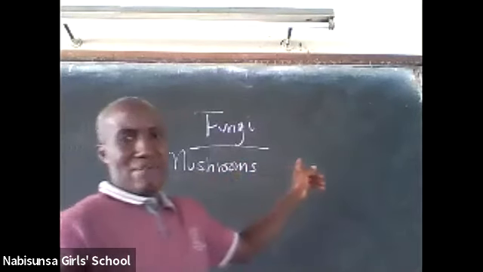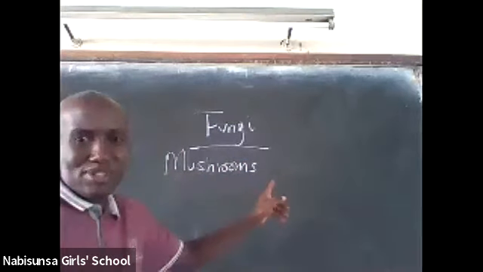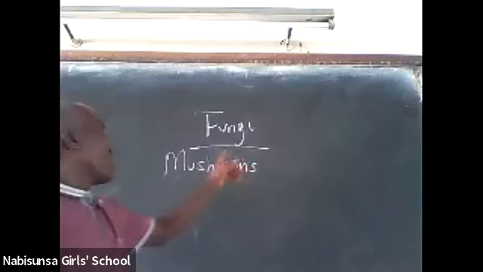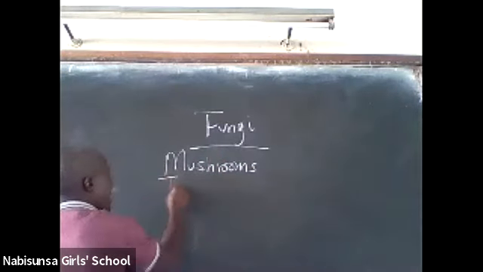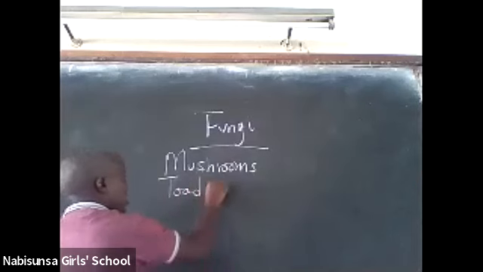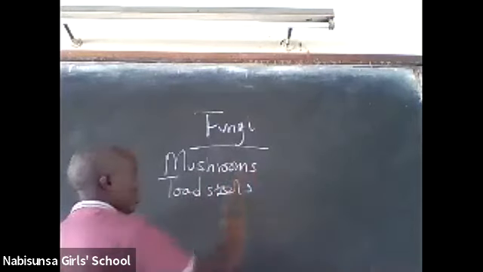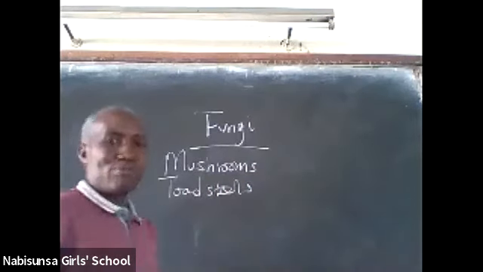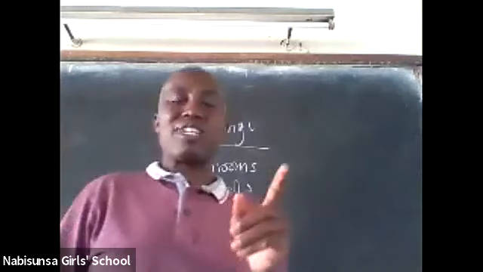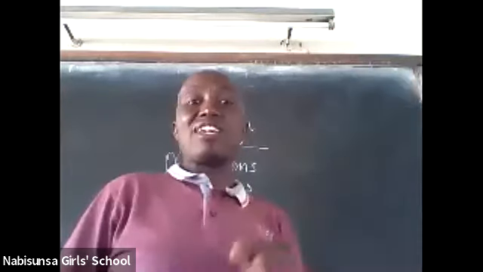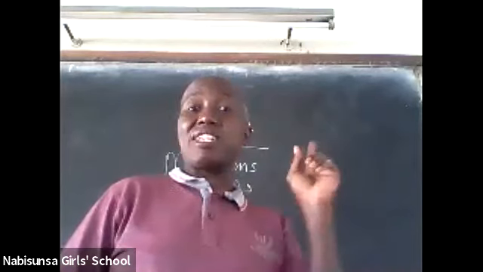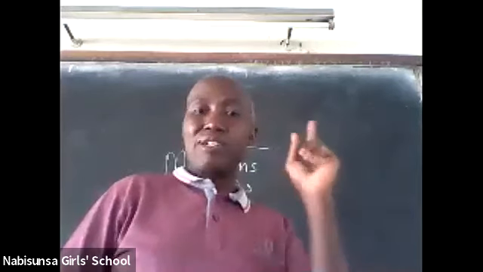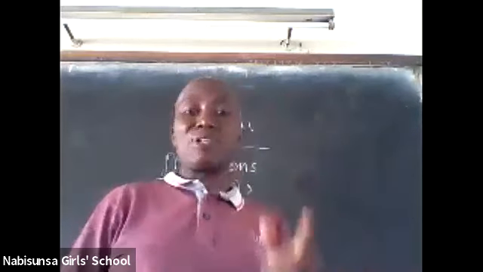We have organisms that we call the toadstools. So mushrooms and toadstools are very common examples of the fungi. They are not the only ones, but these are the commonest examples.